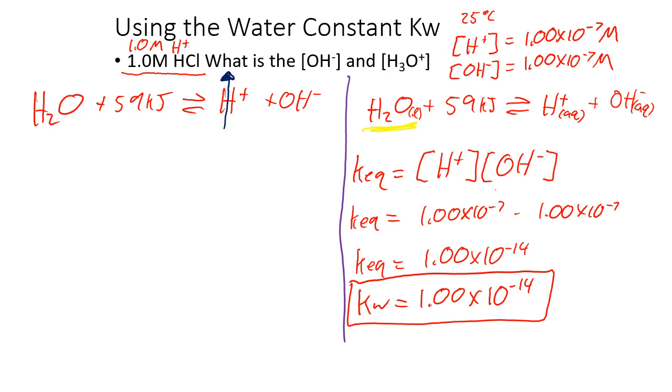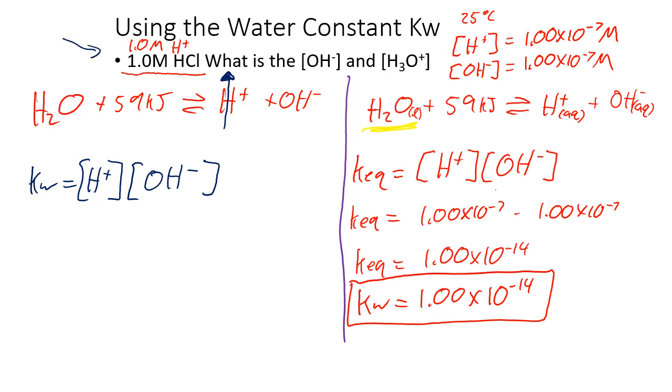So what we can do is figure out the concentration of everything. So Kw equals H plus times OH minus. We know what the H plus is because we know that this is going to 100% ionize.